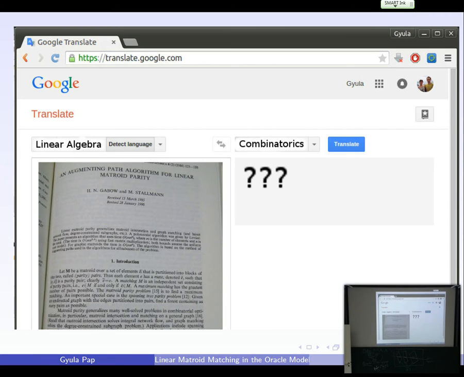The thing is that in Gabow and Stallmann's paper, there's a lot of linear algebra. When it continues with an alternating path, like in Edmonds' matching algorithm, it always intersects that subspace of rank 2 with something else and generates some new elements and then combines that with already known elements. So there's a lot of linear algebra in this paper, but what we would need is to translate this into combinatorics to see what that is.